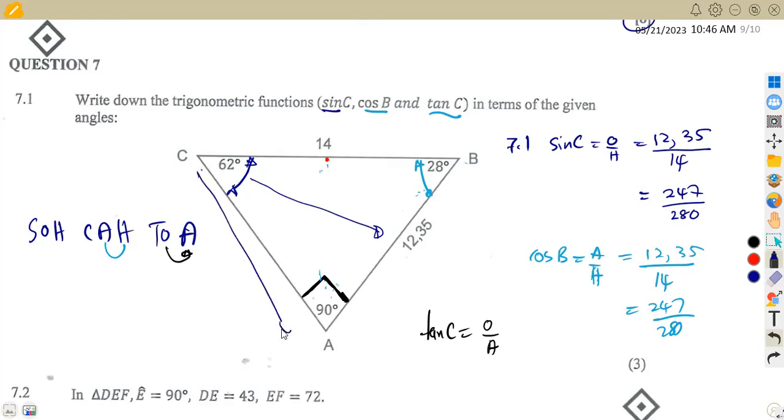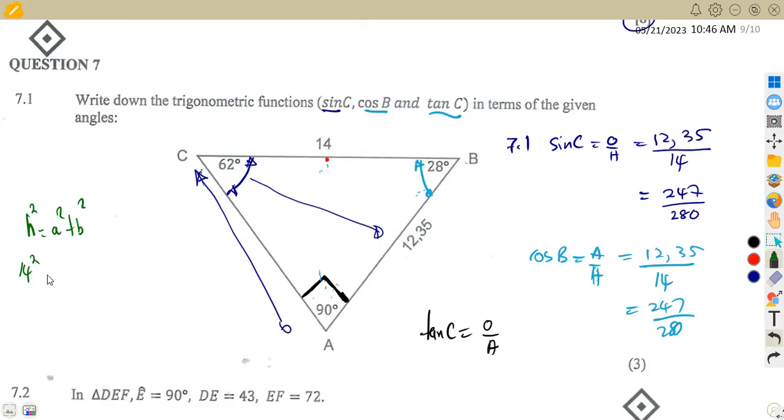So we are forced to calculate this side because we do not have the adjacent. Where can we get the adjacent from? Remember, this is a right angled triangle, where the hypotenuse squared is equal to a squared plus b squared. Since we want to calculate CA here, which is the shorter side, we can just substitute our values.